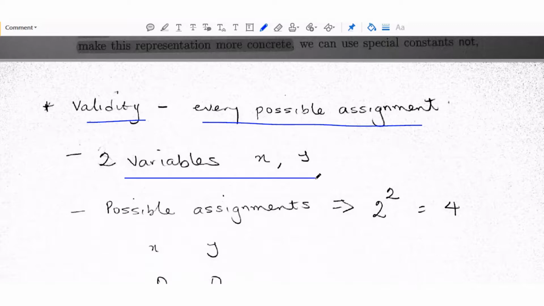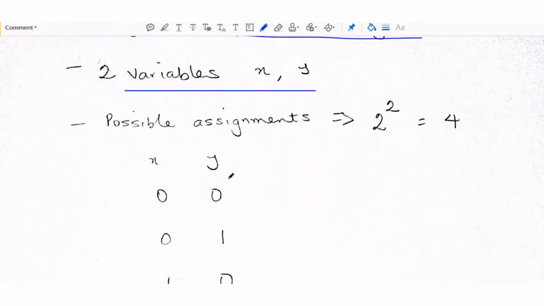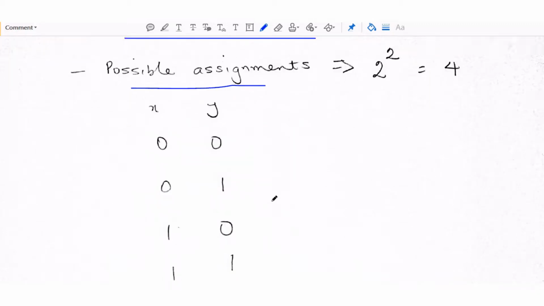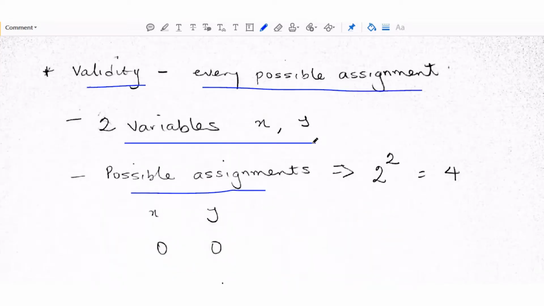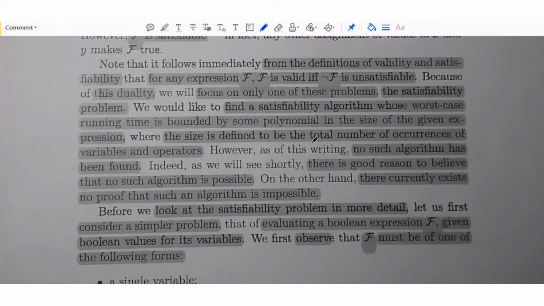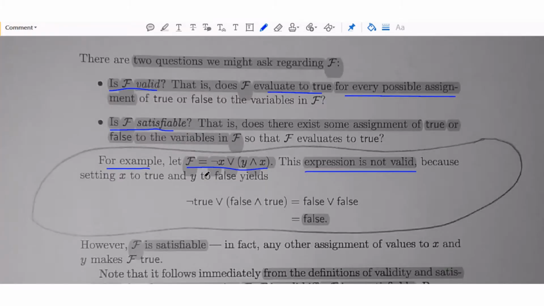To check for validity, we look at every possible assignment. Here we have two variables, x and y, so the possible assignments are 0 0, 0 1, 1 0, 1 1. We pick the first one, 0 0, and go into the expression to check whether evaluating it with x and y equal to 0 will give us true.